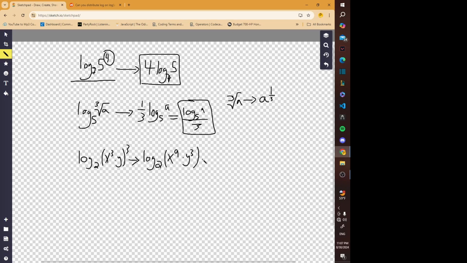And from here we just use our product rule, okay? So we can use our product and power rule, okay? So I know I could split this up. X to the 9th. Remember, we use addition for this.